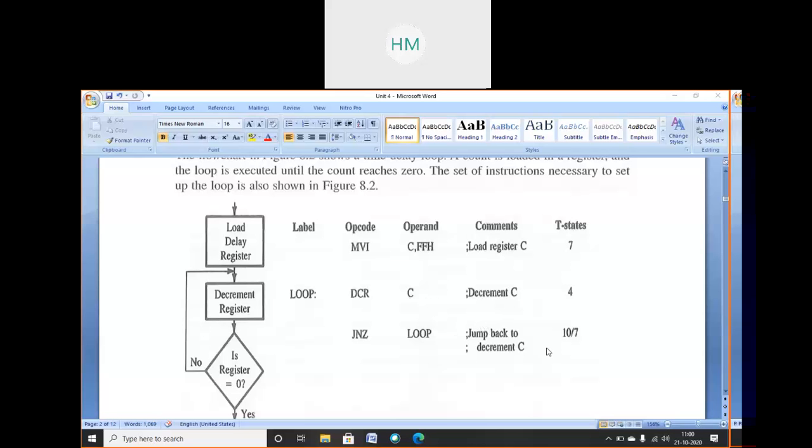So how many T states are required? Student, please calculate and tell me. फॉर्मूला क्या अप्लाई होगा? जब मेरा काउंट 0 नहीं है, मतलब वापस ये लूप में जा रहा है, तो कितने T states रिक्वायर होंगे? काउंट -1 तो हो गया तुम्हारा, ठीक है. That number of times the loop will be there, और T states कितने रिक्वायर्ड होंगे?